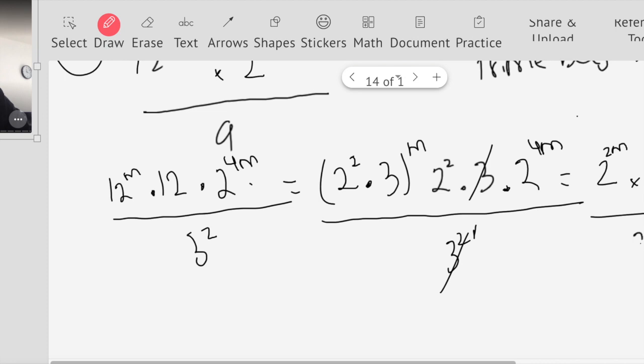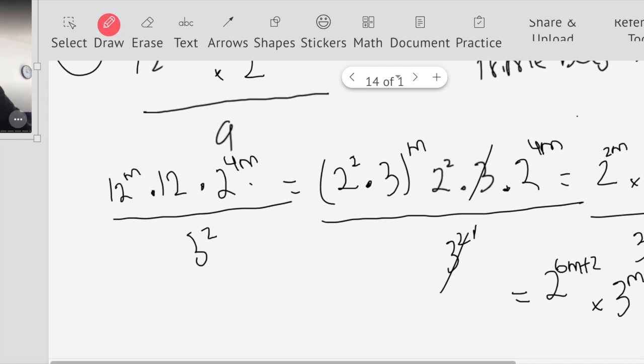So we just get one 3 down here. And now we can go ahead and do one more step and combine these. And this is 2 to the 6m plus 2 times 3 to the m minus 1, right?